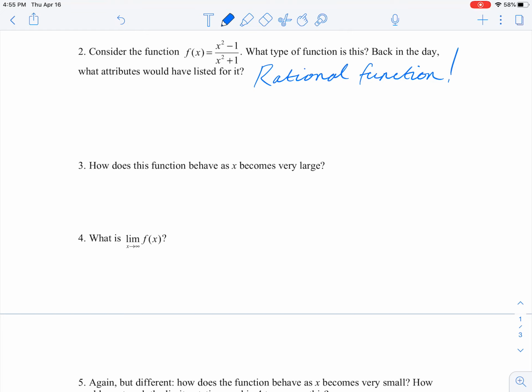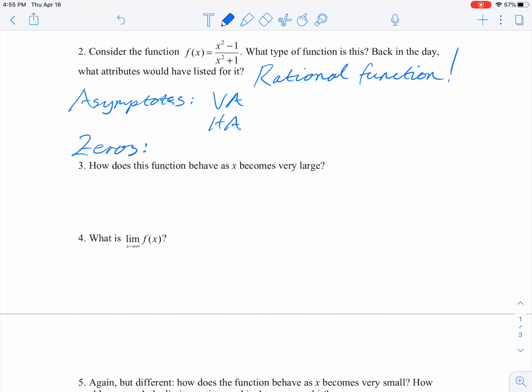It can't be simplified. So we would have said, yeah, the things we need to list are asymptotes, both vertical and horizontal. We would need to list zeros, and we could list other things at our option.